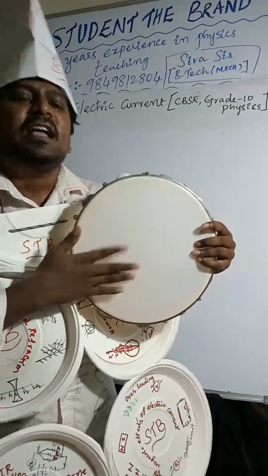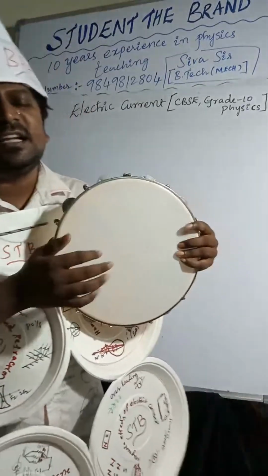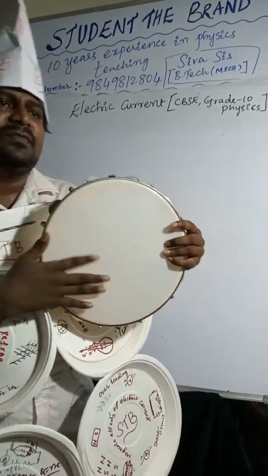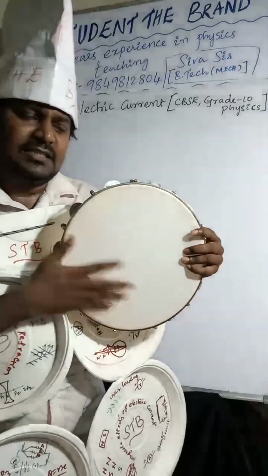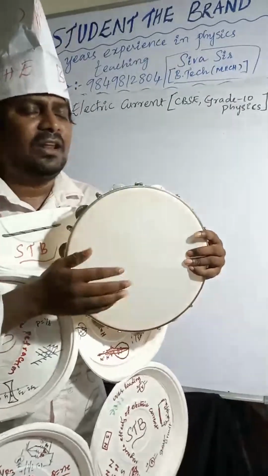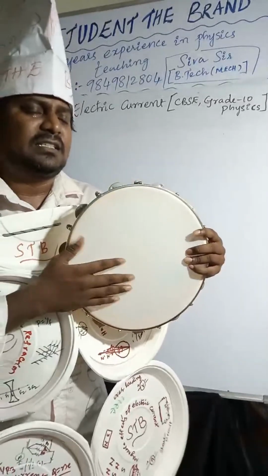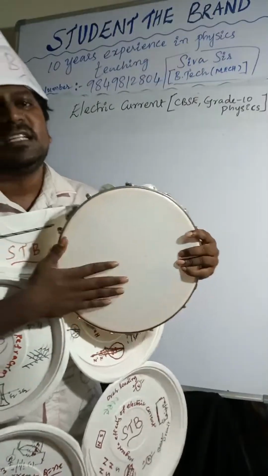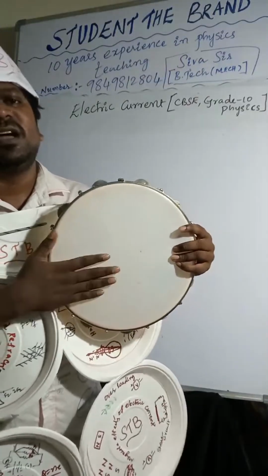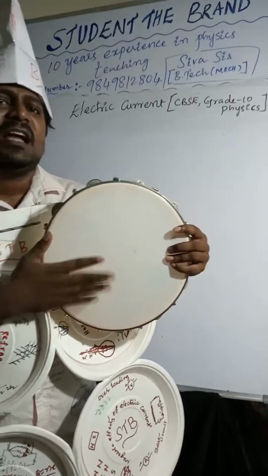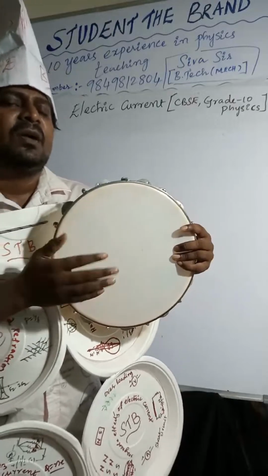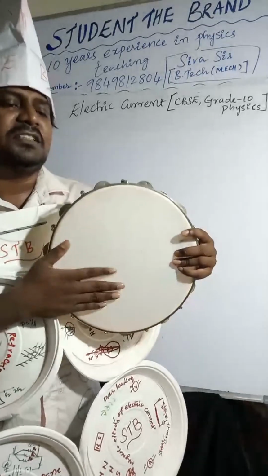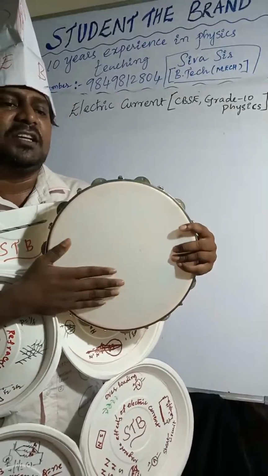New Cartesian sign convention, new Cartesian sign convention. All distance measured from the pole. Distance positive along the eccentric. Distance negative opposite to eccentric. Distance positive above the principal axis. Distance negative below the principal axis. New Cartesian sign convention, new Cartesian sign convention.